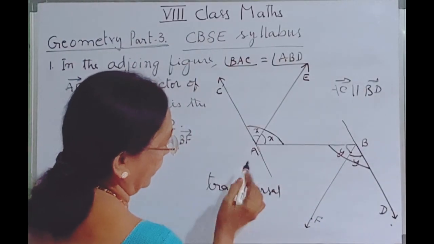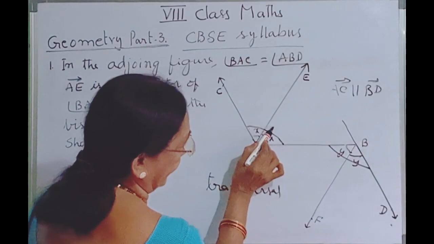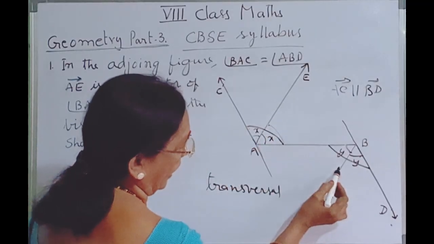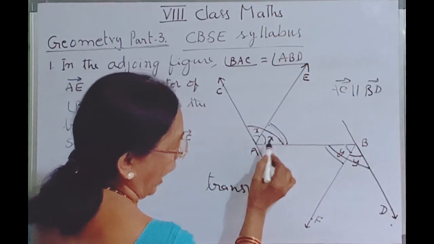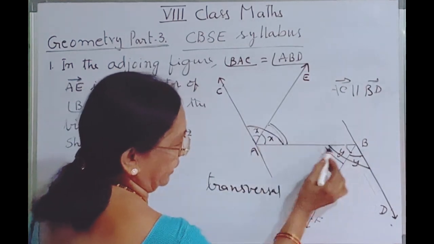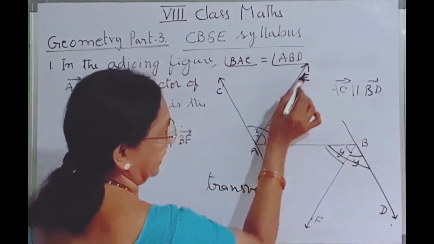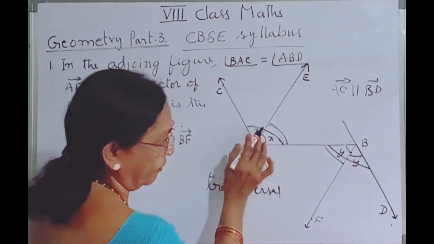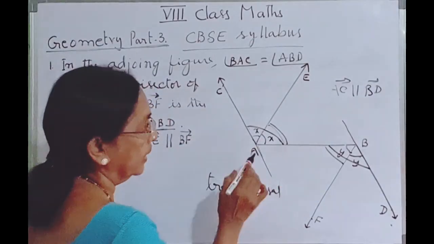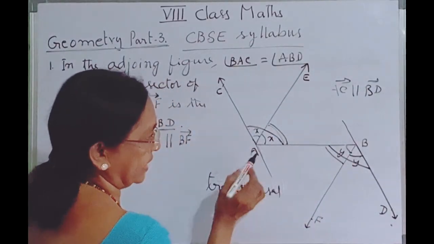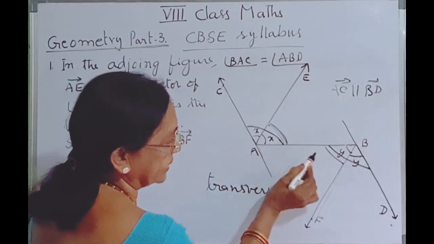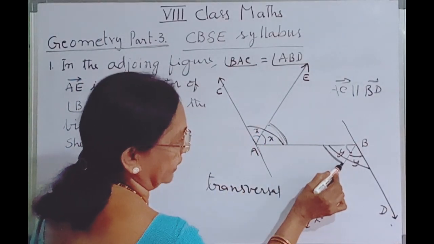So if we consider this angle and this angle, these two angles are alternate. If AB is a transversal and AE and BF are two lines, then this angle is alternate angle to this angle.